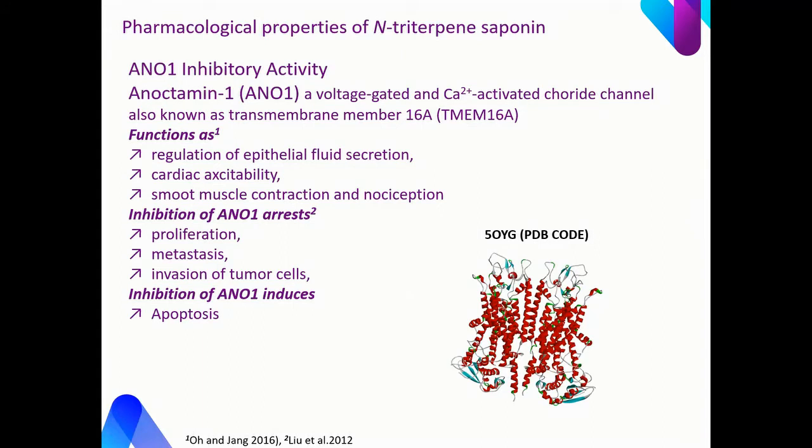Pharmacological properties of nitrogen triterpene saponins. The first example, anoctamin 1 inhibitory activity.